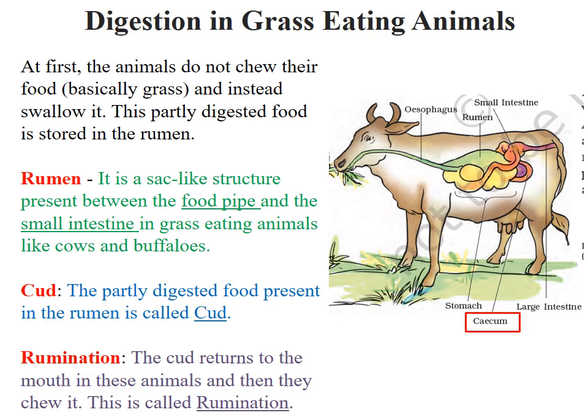But we cannot digest grass. Why? Because we do not have such an enzyme in our stomach which can digest cellulose. Cellulase is absent in our stomach, and cellulose-digesting bacteria are also absent. That's why we cannot digest cellulose. Okay, I hope you understood this.